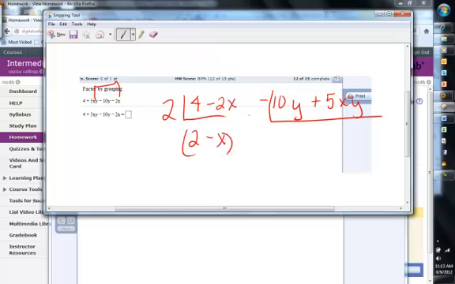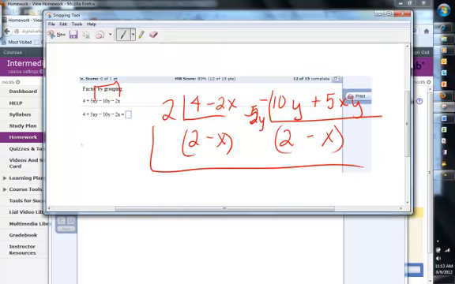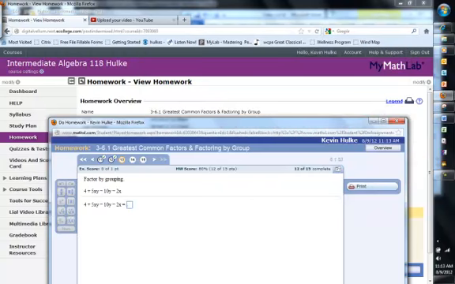I'm going to take out a negative 5y, and I'm left with 2 minus x. So now when I factor, I take a 2 minus x out front, and I'm left with 2 minus 5y. 2 minus x, 2 minus 5y.